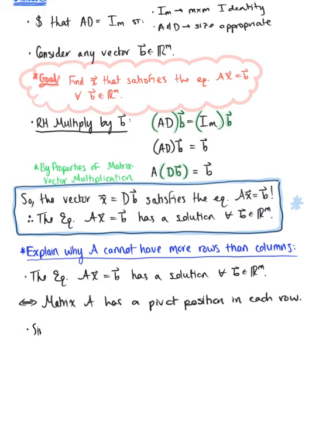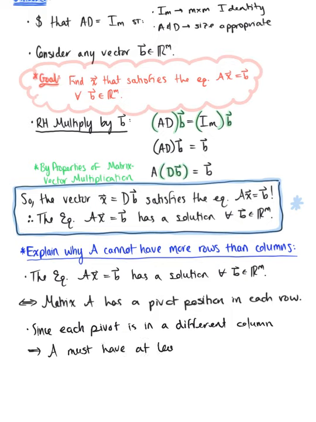Now, since each one of these pivots is in a different column, this lets us know that matrix A must have at least as many columns as rows.